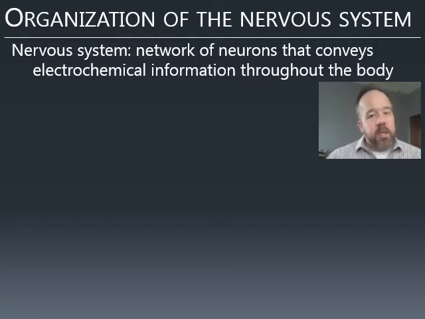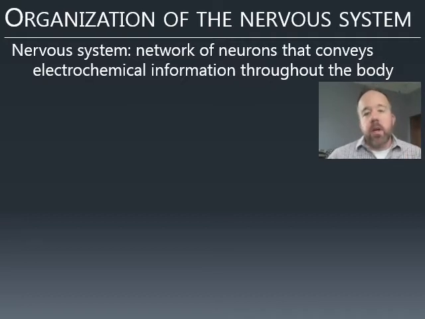As we saw last time, within a neuron you have electrical signaling in the form of an action potential. Between neurons you have chemical signaling. You have the release of neurotransmitter, and the neurotransmitter is received by postsynaptic neurons via receptors. And when postsynaptic neurons receive a neurotransmitter, they will either increase or decrease the likelihood of an action potential in the postsynaptic neuron, and so on and so on.